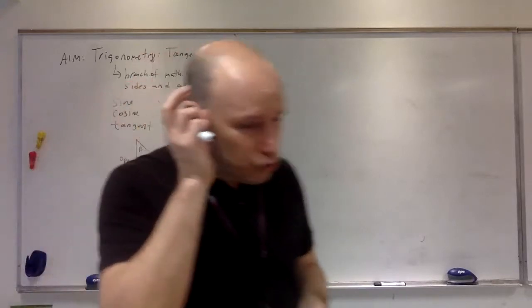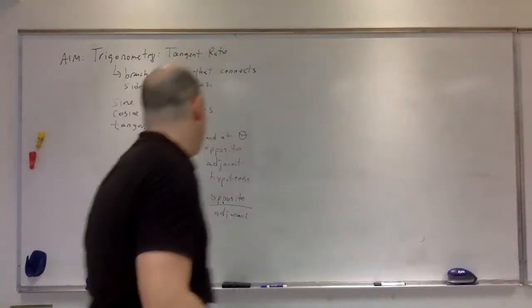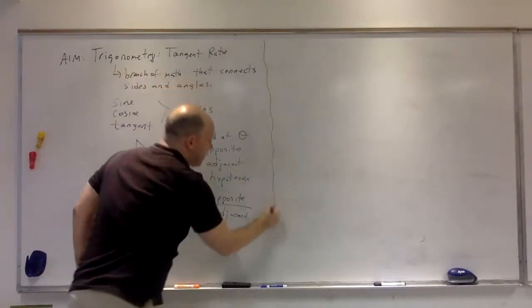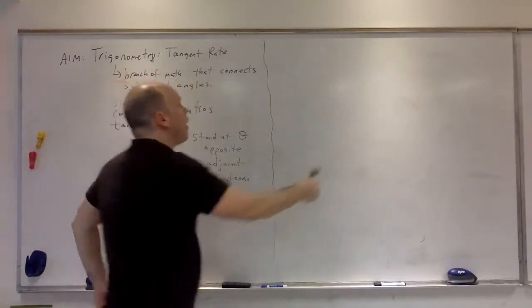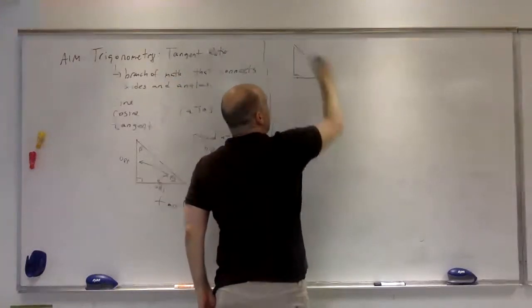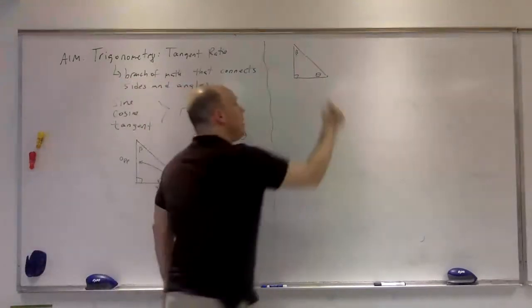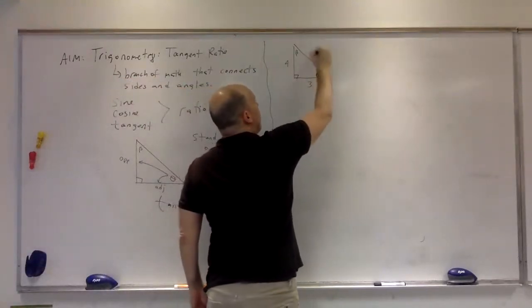Okay, we're back. Let's take a look at an example. I have a right triangle with angles theta and beta, and we're going to use a triangle with a Pythagorean triplet, 3, 4, and 5.